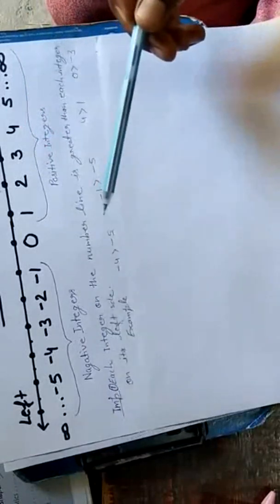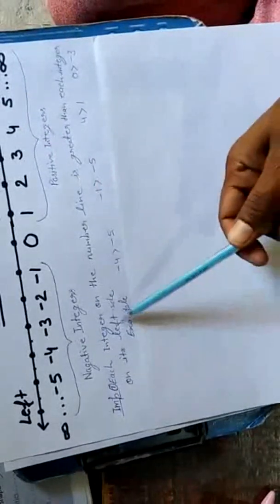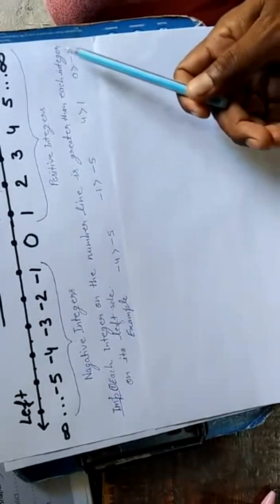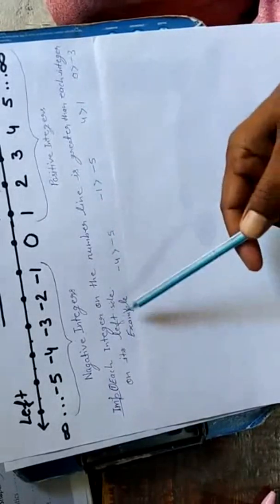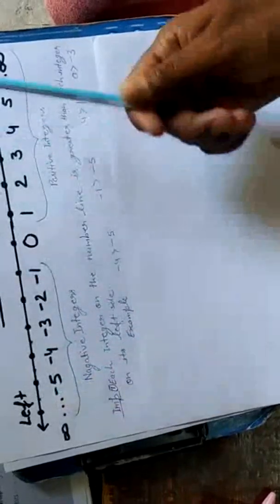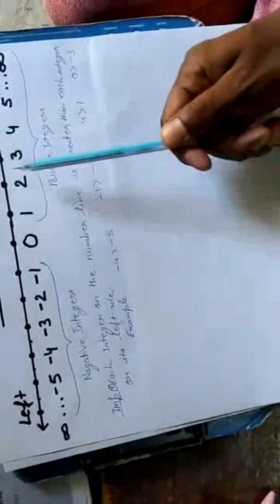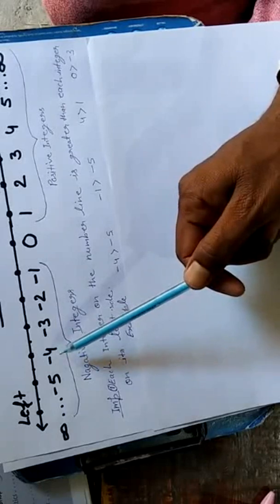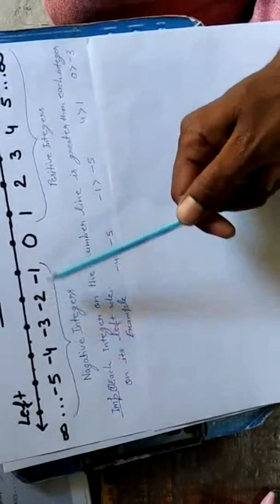So an important thing: each integer on the number line is greater than each integer on its left side. This is the left side and this is the right side. Means the right side integer is always greater than the left side integer. Example: -4, -3, -2, -1.